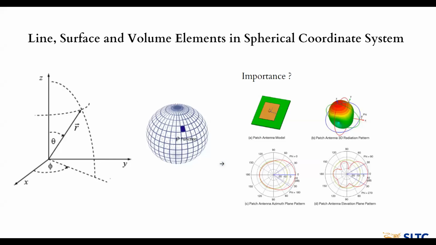So in the last class, we discussed several coordinate systems, the Cartesian and the cylindrical coordinate systems. I think we stopped at the point of spherical coordinate systems. In the spherical coordinate systems, we'll be talking about its parameters and how we can define its coordinates with respect to the x, y, z coordinate systems.